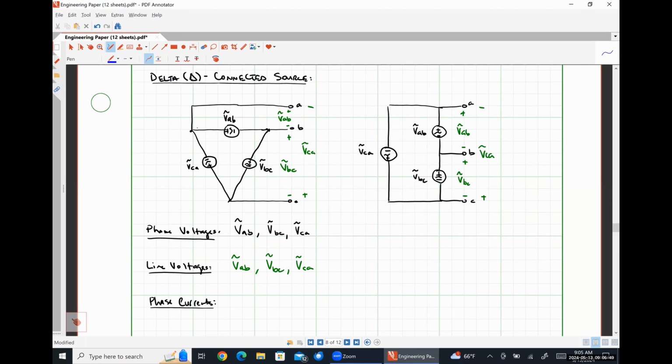So we are going to have a phase current here flowing into the positive polarity terminal of VAB. We'll have a phase current here, IBC, and we'll have a phase current here, ICA. You may also hear these referred to as delta currents.